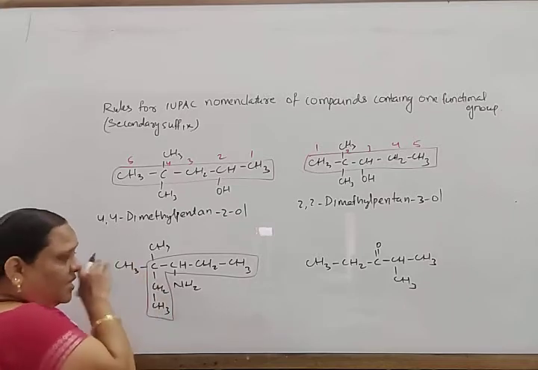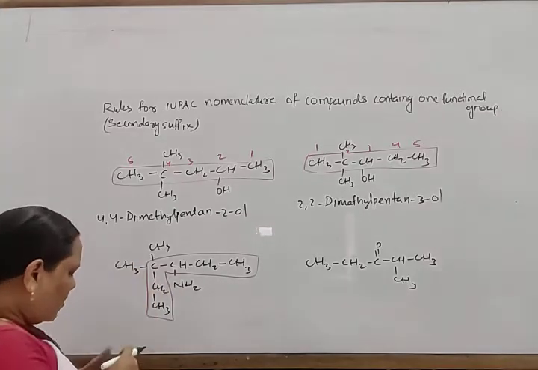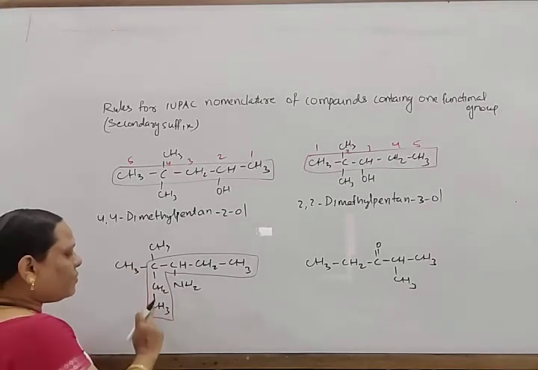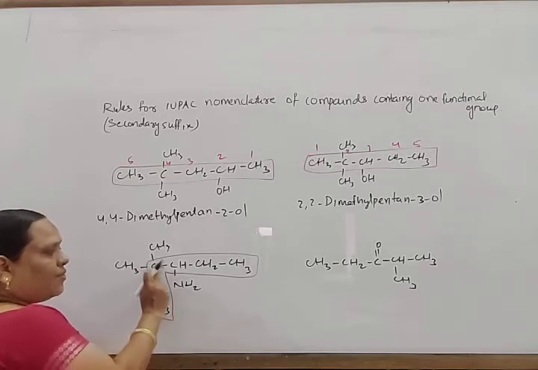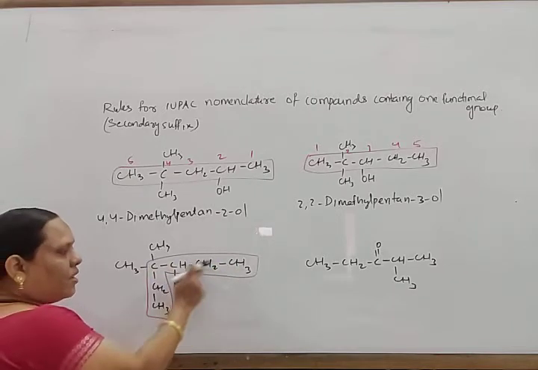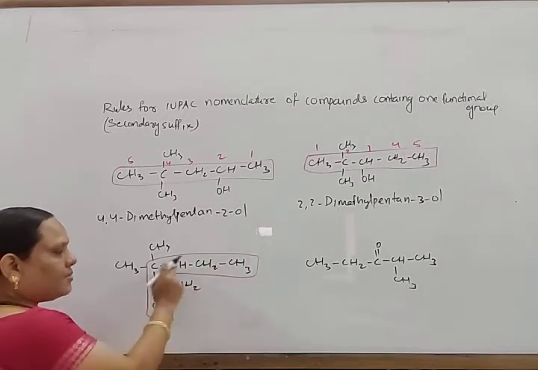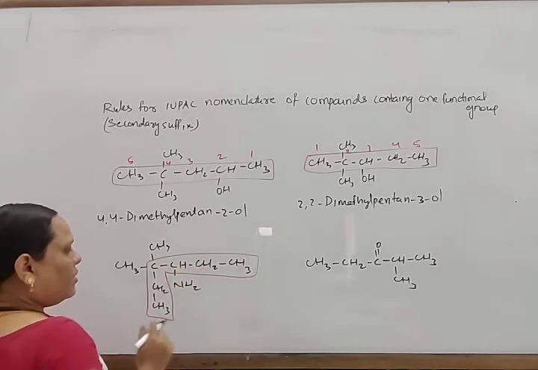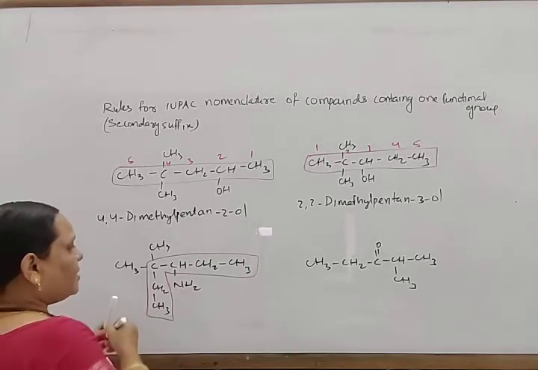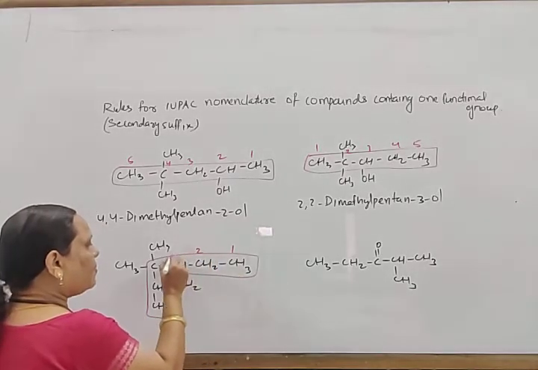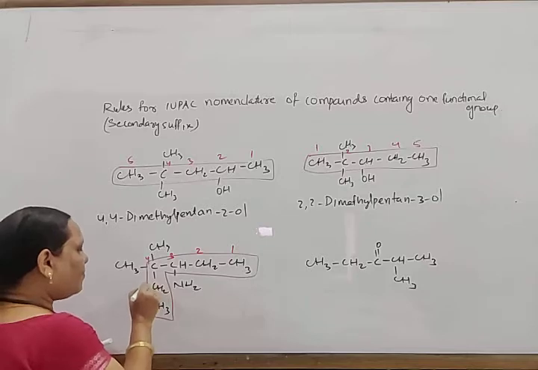Next, you give the lowest position to this amine group. If you count from one side it comes at 4, but if you count from the other side, 1, 2, 3, it comes at 3. So numbering should be done from the right side, 1, 2, 3, 4, 5, 6.